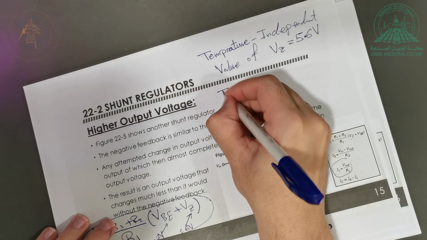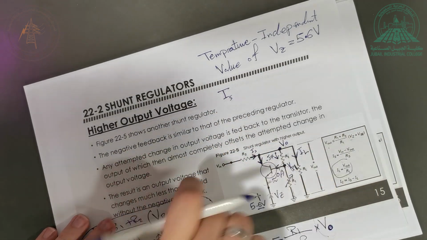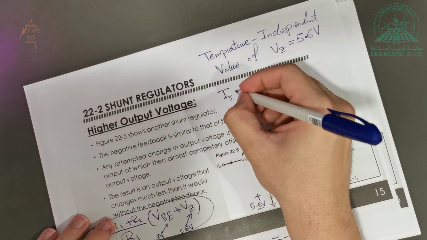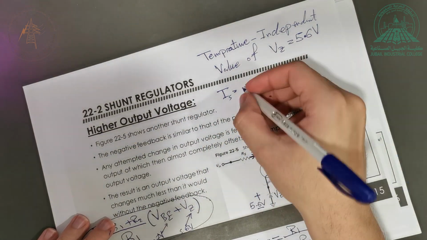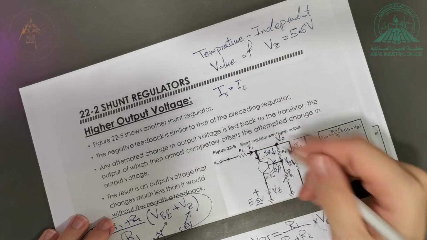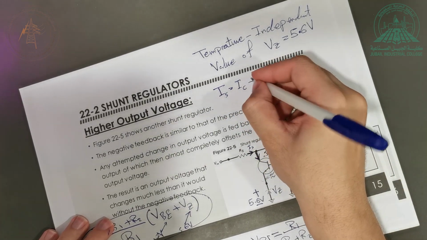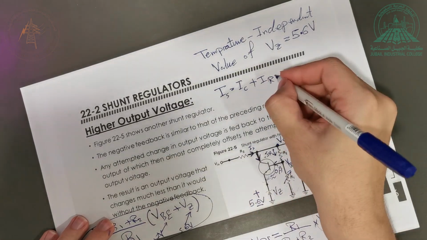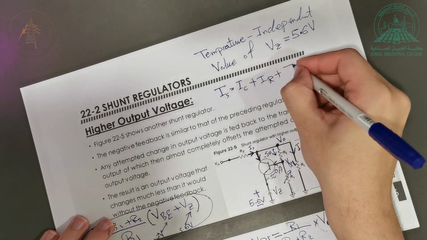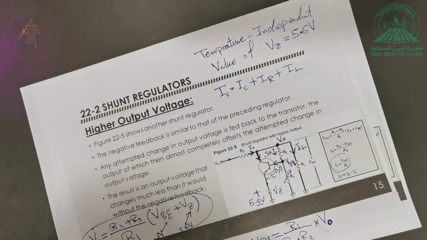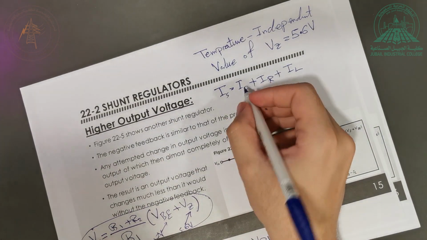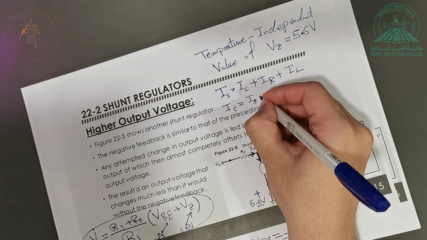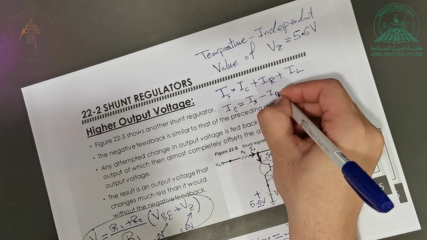The relationship is that, applying KCL, this current that's entering here, IS, is equal to IC plus IR, that current moving in the resistors branch here, plus the load current IL. This is correct. Which means IC is equal to IS, rearrange the terms, IS minus IR minus IL.